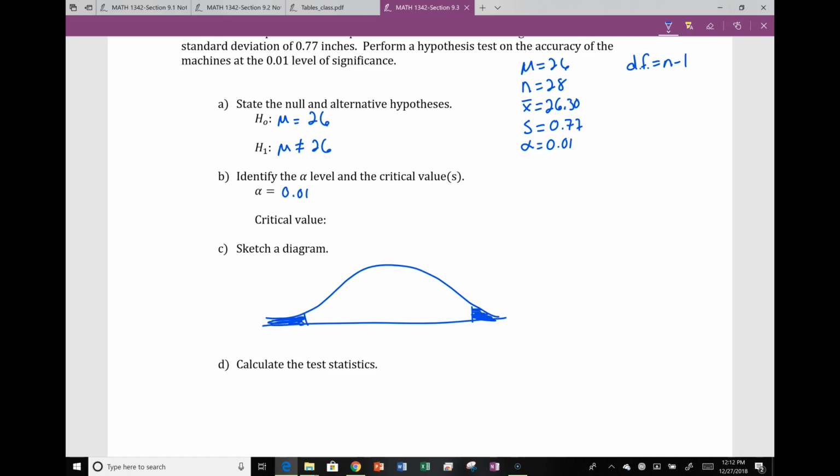Since it's a not equal to test, what goes in here is actually alpha divided by 2. So 0.01 divided by 2 is going to go in here, which is equal to 0.005. 0.005 is going to go in here. This is the amount in our right tail.